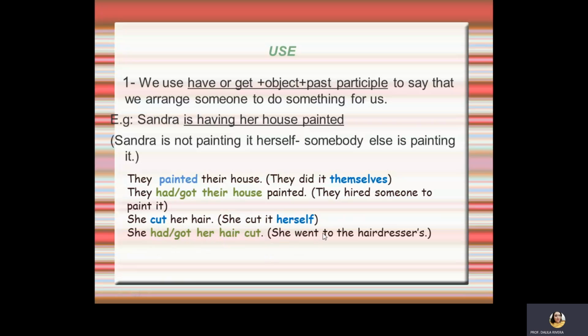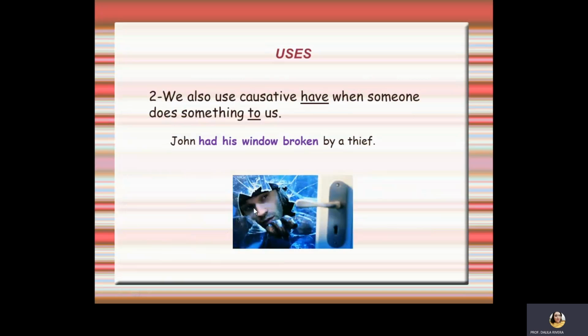She went to the hairdresser to have a haircut. She paid somebody to do it. And you have here again this structure: have, in this case in past, something, which is her hair, and done, which is the verb, cut.